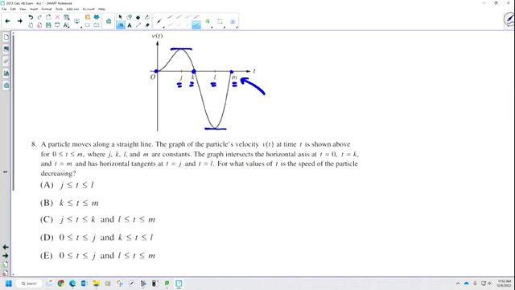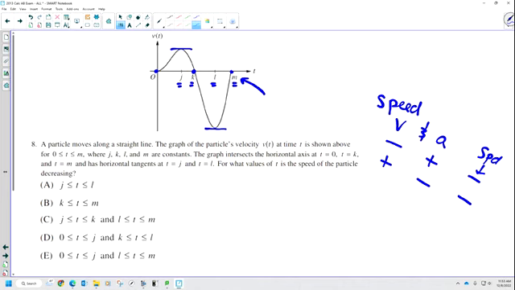All right, there are 2 ways to do this. There's an easy way, then there's an easy way. Both are easy. First of all, in order for speed to decrease, velocity and acceleration need to be different signs. It's like multiplication. If I multiply those, I get a negative, and we consider that like speed decreasing.